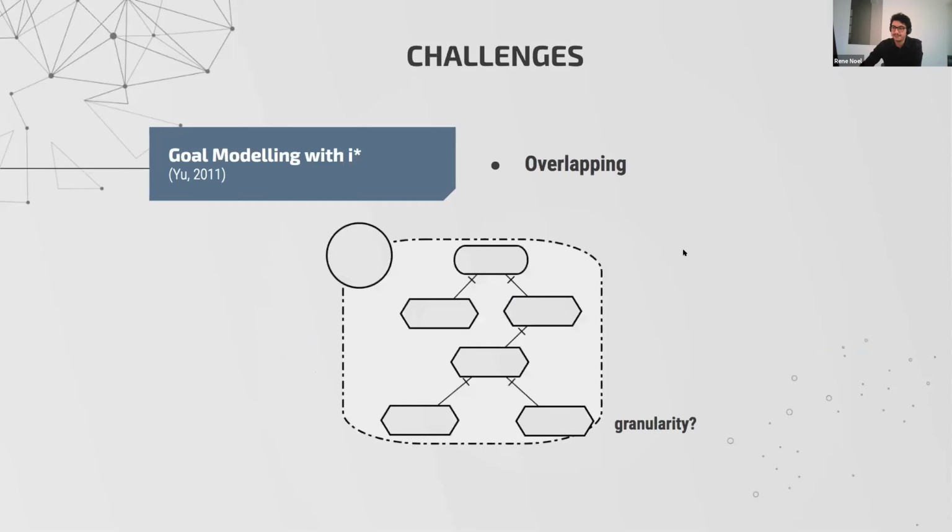Another challenge is that by specifying overly detailed tasks for each actor, we overlap the definition of tasks with the communicative events or the business process level elements. We want to avoid overlapping between these two levels.